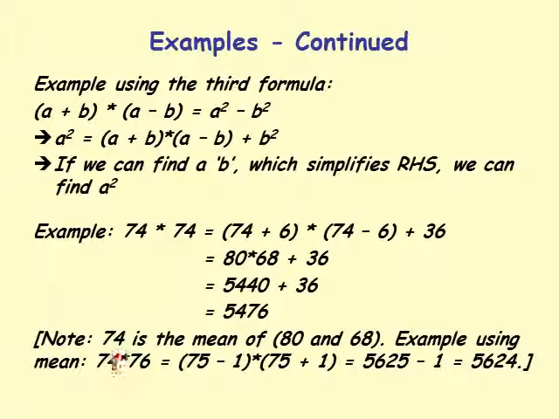So you can also compute 74 times 76 like 75 minus 1 times 75 plus 1, and that 75 is the average of these two numbers. That will get you 5625 minus 1, which is 5624.